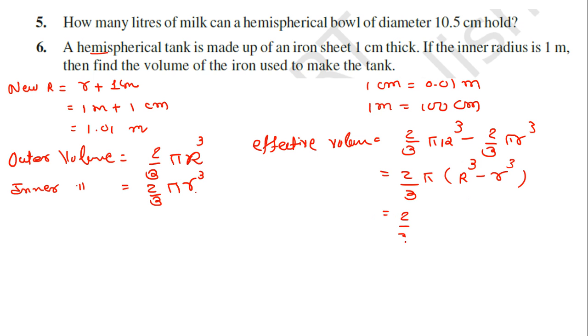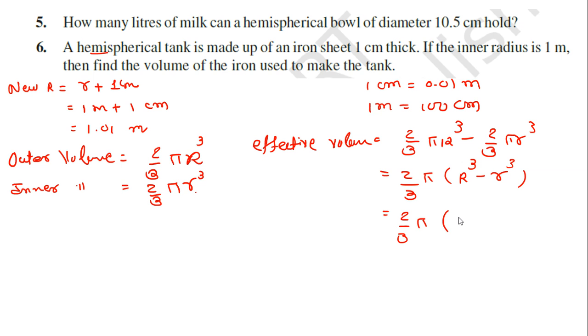Now 2 by 3 pi, see this is your R cube, 1.01 cube. Okay, so that is complicated. Let me think what we can do. I'm trying to make it easy for you, but let's see what happens.